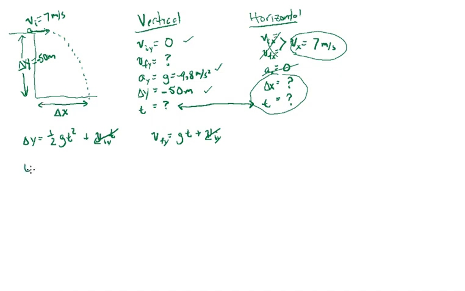And if I isolate time, I'll let you practice that math, but you should get 2 delta y over g and then square rooted. Remember, something to the 1/2 power is the same thing as square rooting it. All right, so that gives us what the time is, which means we could now plug in values for this.